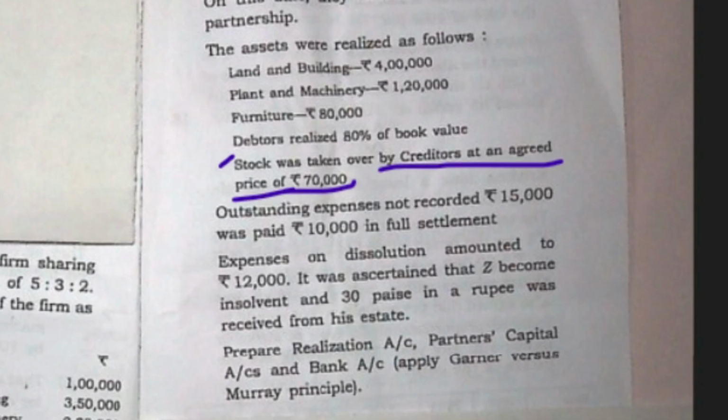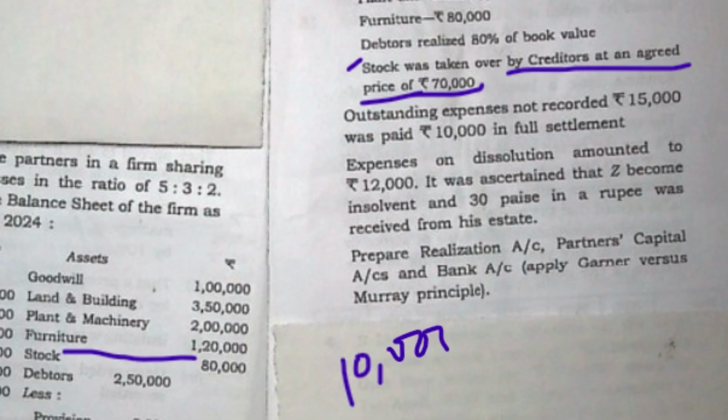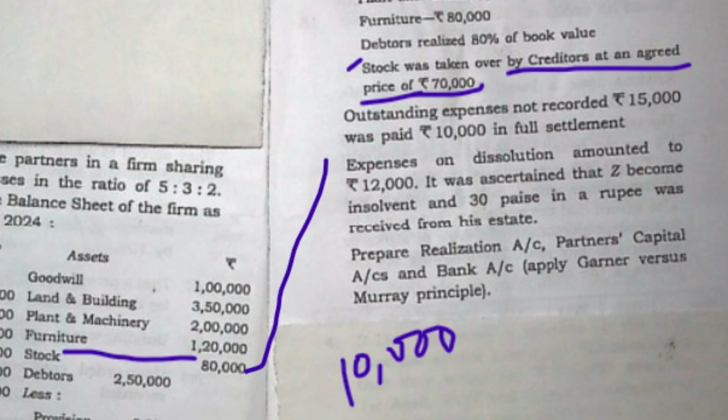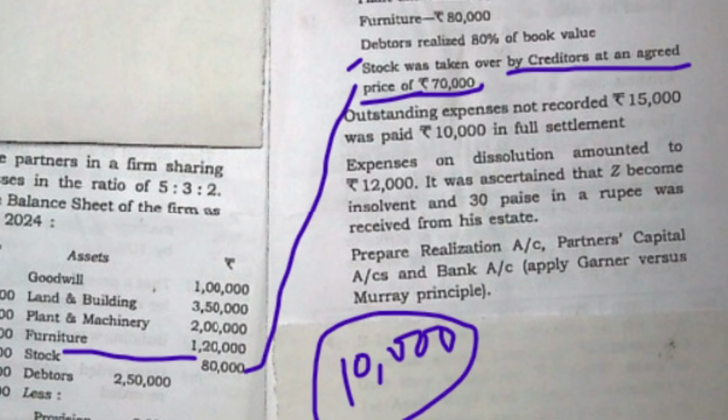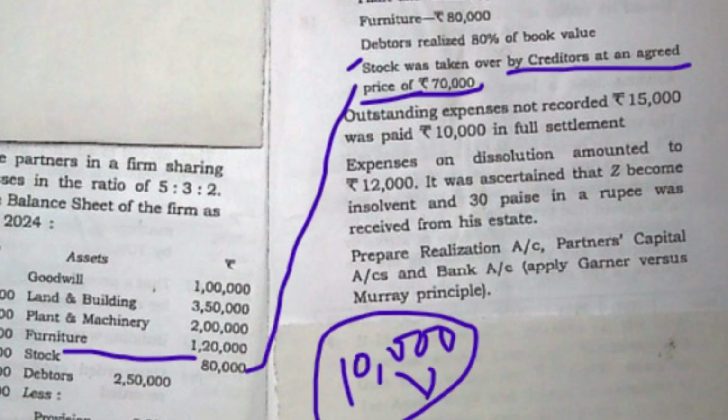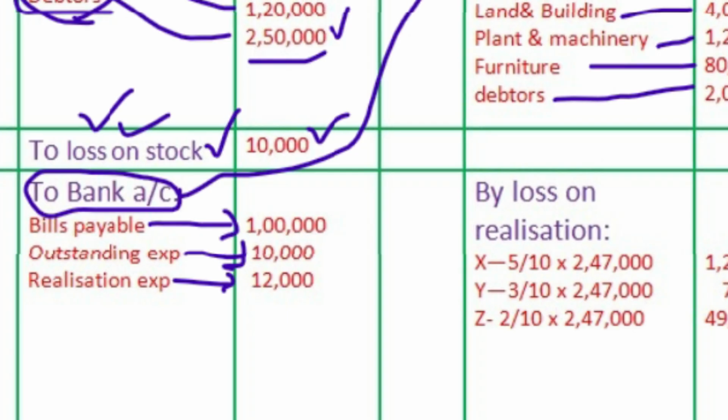That means there is a loss of 10,000. The stock value is 80,000, but creditors agreed to pay only 70,000. So there is a loss arising of 10,000, and this is debited to the realization account. Loss on realization, loss on stock. This 10,000 is the loss on stock.